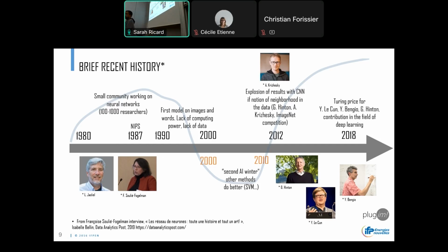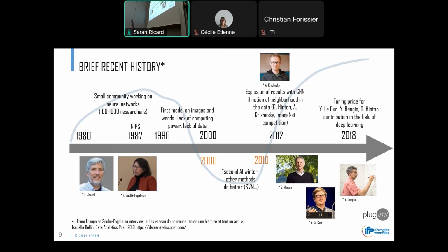For instance, in this period you have all the Fourier domain research with wavelets. You have all the mathematical morphology domains in computer vision, coupled with statistical methods or machine learning methods, if you want, with support vector machines and so on, that propose better performance than deep learning techniques.